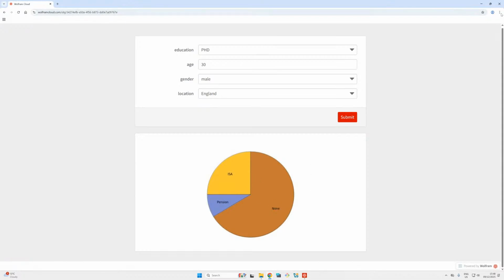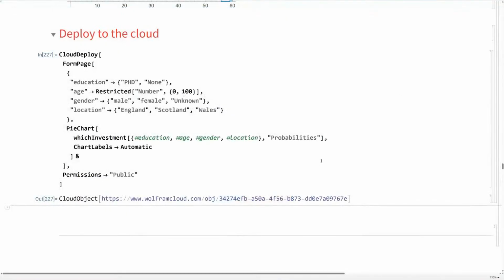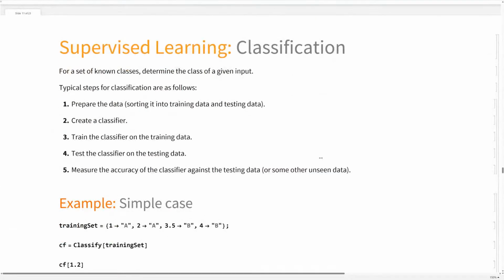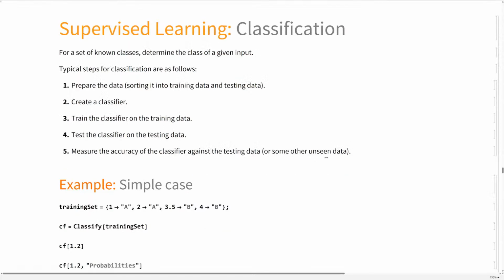All right. So yeah, now that you have the basic understanding of what machine learning can do, we will look more into detail on how to build machine learning models. Well, first of all, we will talk about supervised learning with classification.